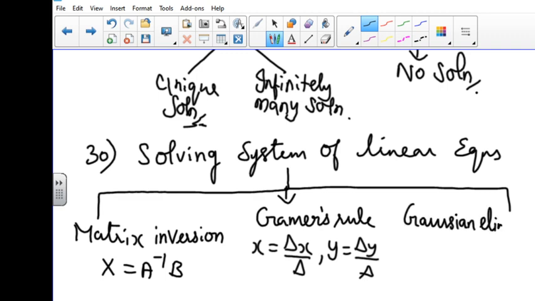Gaussian elimination method is reduced to row echelon form and use back substitution method.